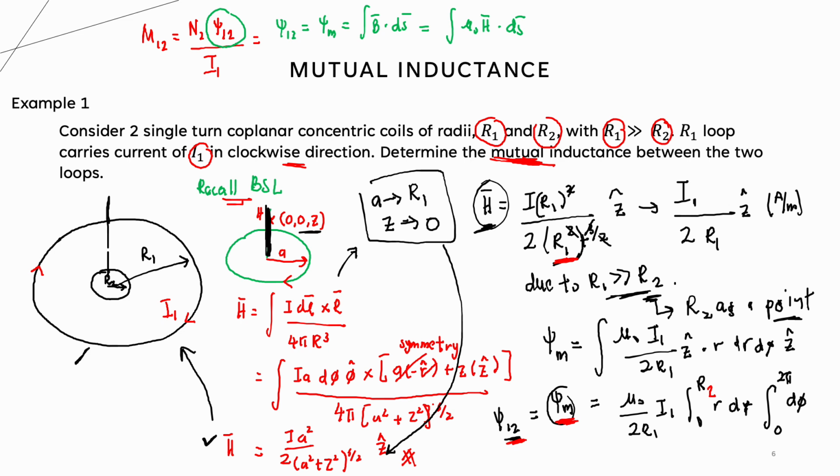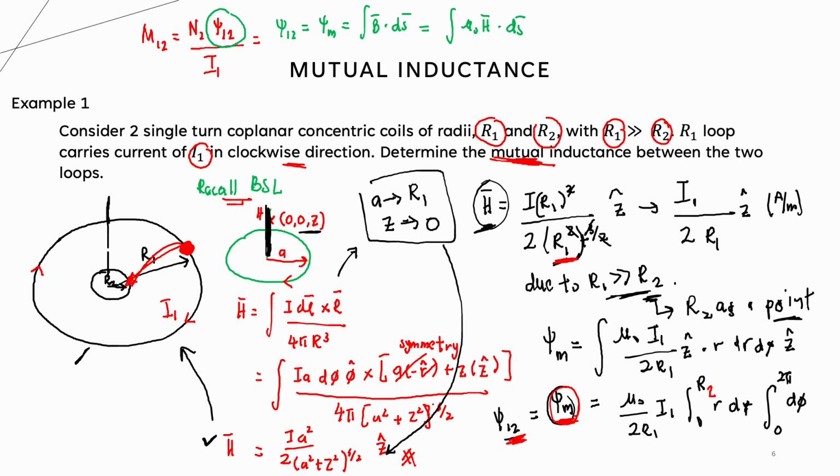Mutual inductance is linked from coil number 1 to coil number 2. So the flux linkage is generated from the source, which is R1, and links into R2. That is why our limit for r is 0 until R2, because this is a mutual inductance.